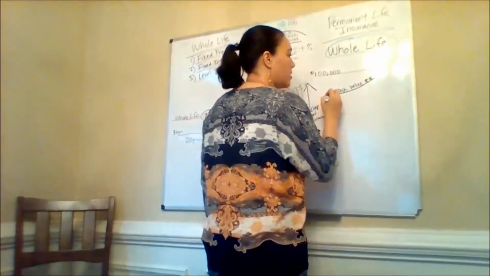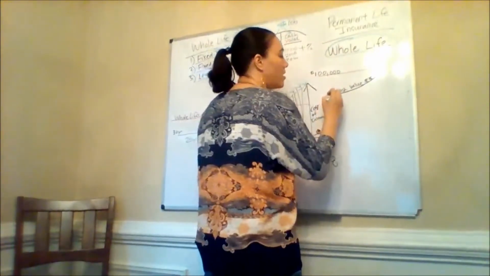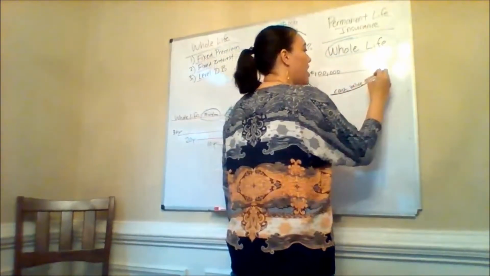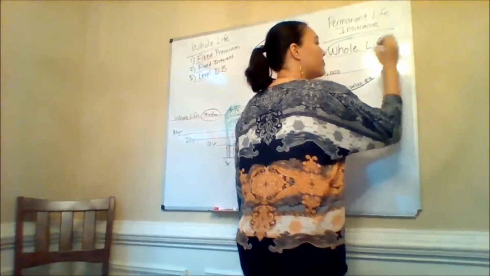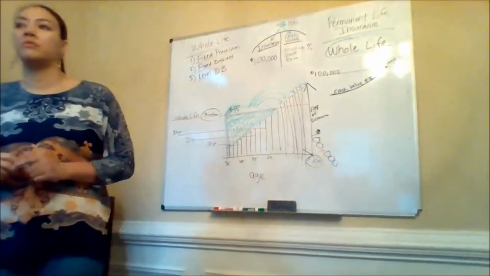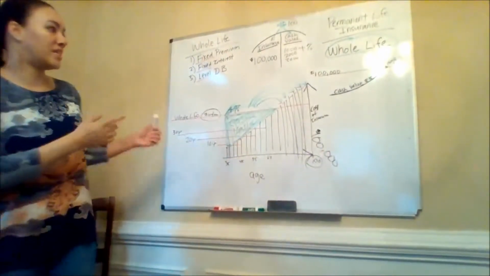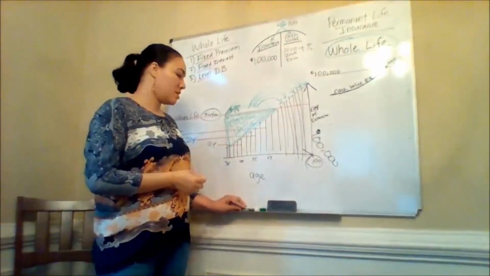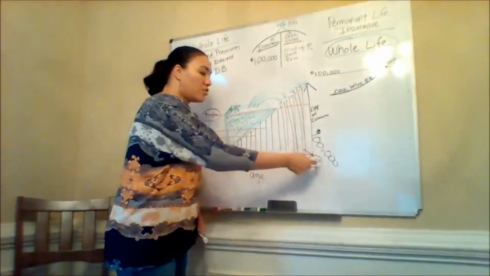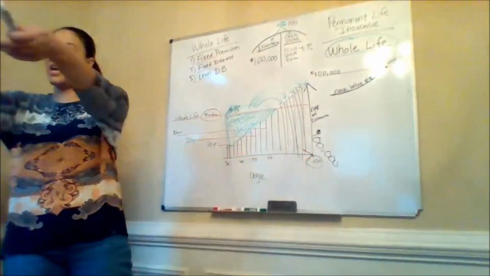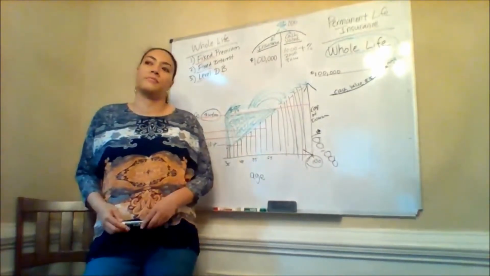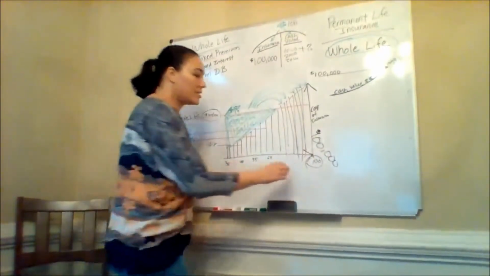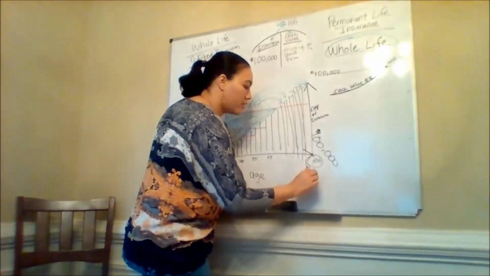So they're going to calculate it where your cash value equals $100,000 by age 100. That's what they did with these policies. And if you live to age 100, you can cash it out and get your $100,000. That's how they make a whole life policy. And they call this endowment when you reach this age.